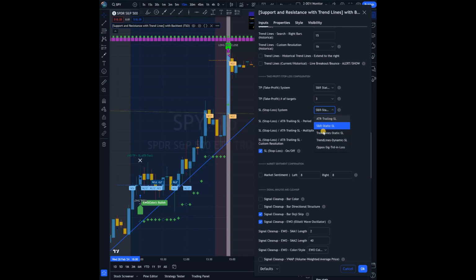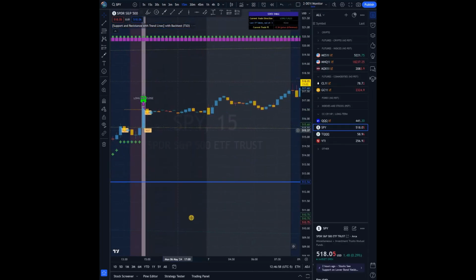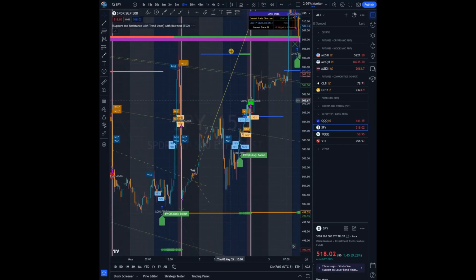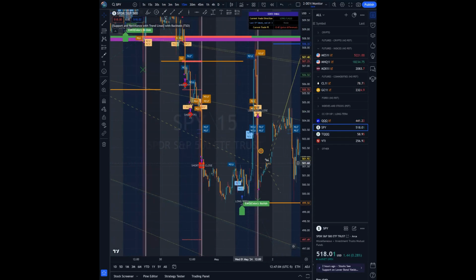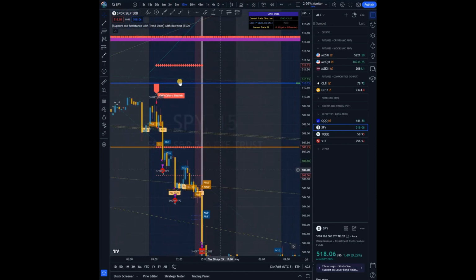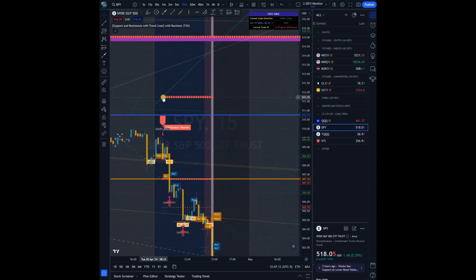So whatever you want. Now there is trendline static SL, which basically uses the trendline I drew to set the stop loss based on the current trend line. If it's below or above, like here, it uses the static level, like where the trend line is right now.